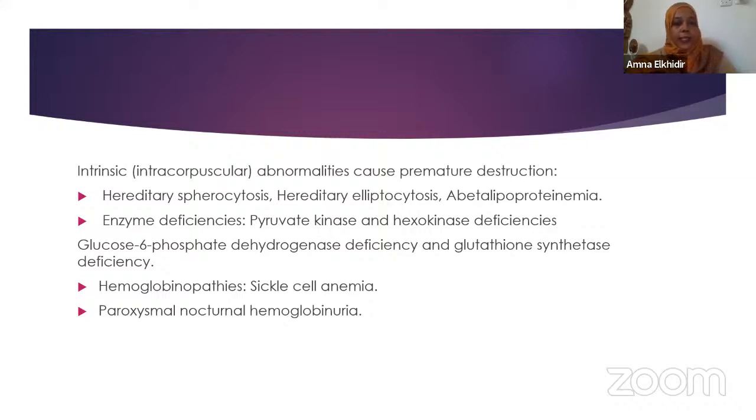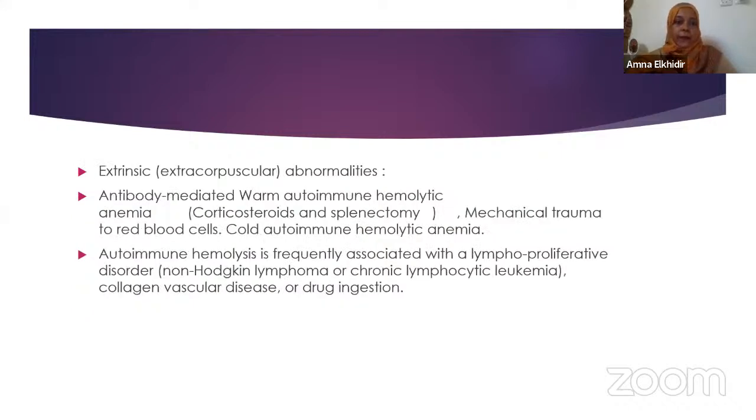Hemoglobinopathies like sickle cell anemia and paroxysmal nocturnal hemoglobinuria. The extrinsic abnormalities include antibody-mediated warm autoimmune hemolytic anemia. These types of anemia are treated by steroids and splenectomy. Also, the damage can be due to mechanical trauma to red blood cells, like on artificial valves.